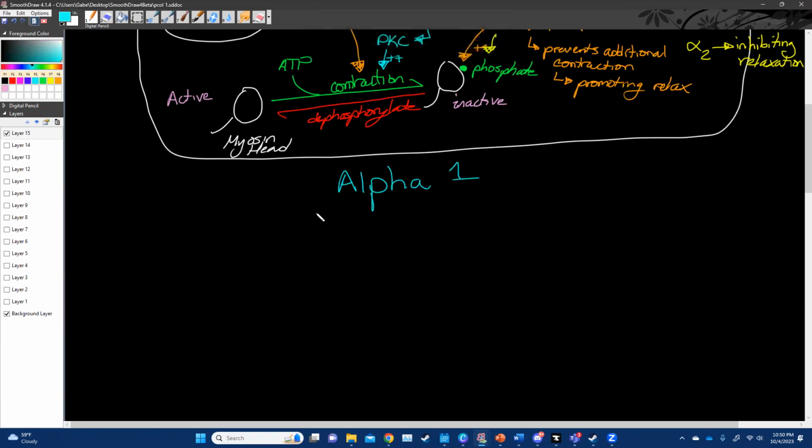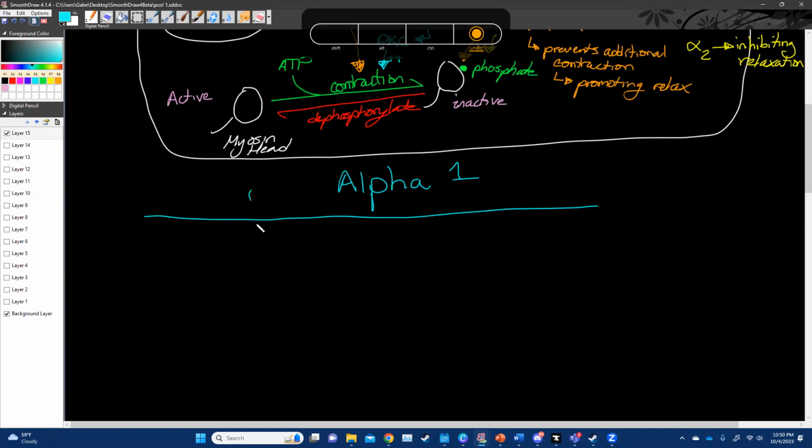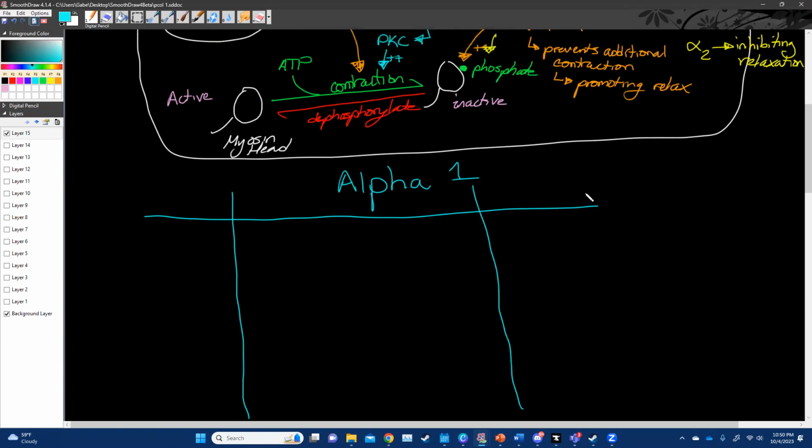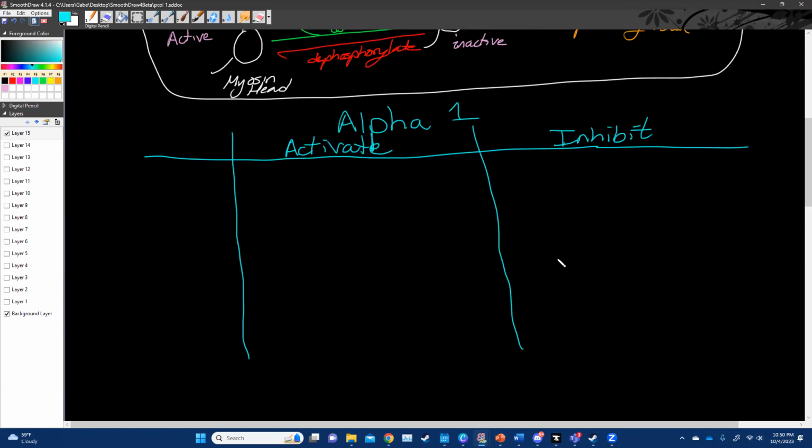Alpha 1. So we cannot draw it in straight lines. The first place that we're going to find, of course, we're talking about activating alpha 1, which would be an agonist, and inhibiting alpha 1, which would be an antagonist. And the first place that we're going to look at is the blood vessels.